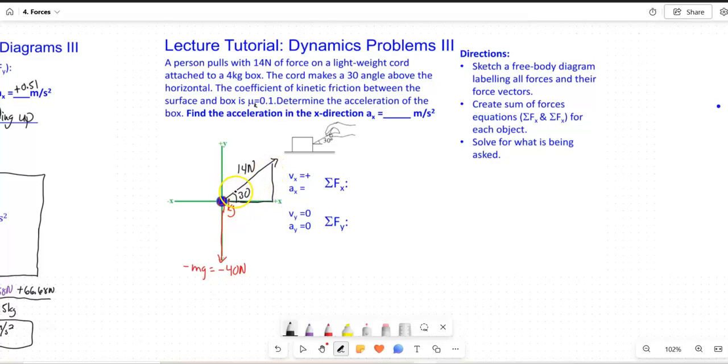So this hypotenuse is pulling up and to the right, so the horizontal portion is to the right, and the upward portion is positive y. Okay, so this will be positive 14 cosine of 30 degrees, and this will be positive 14 sine of 30 degrees.